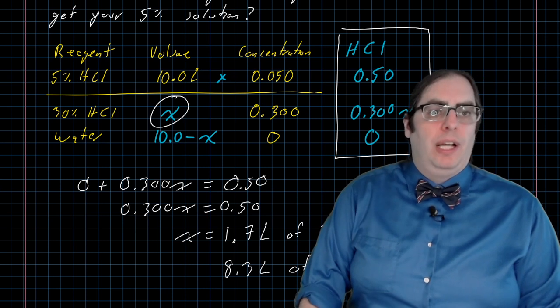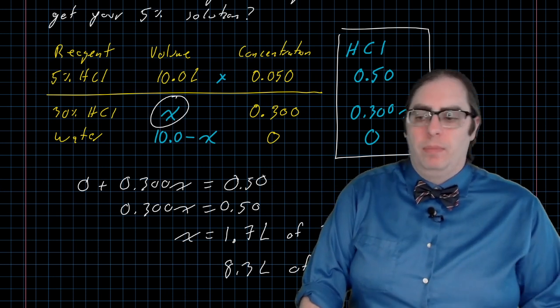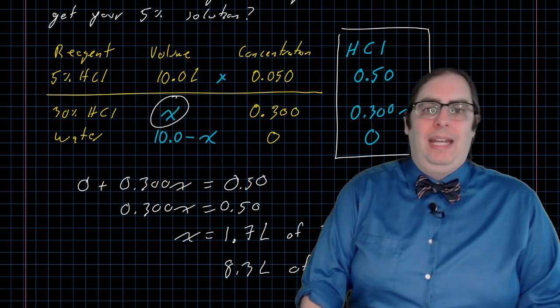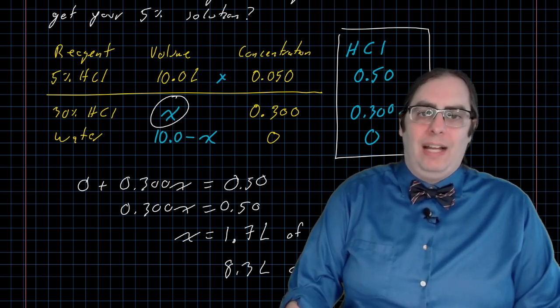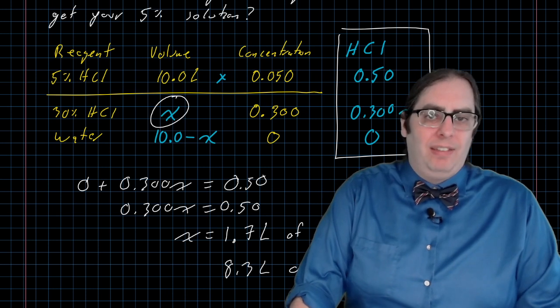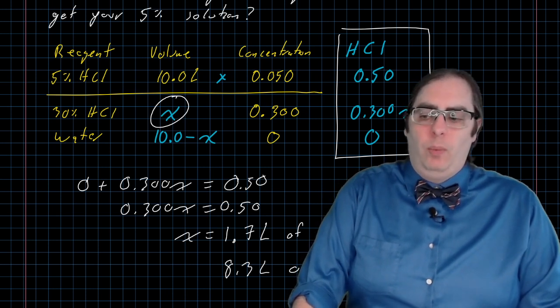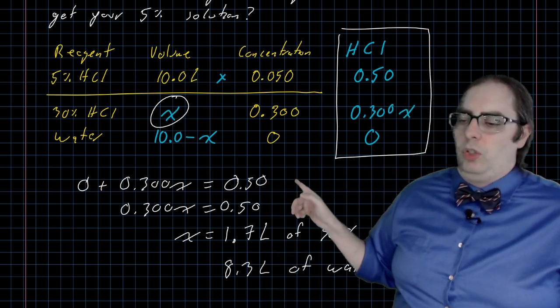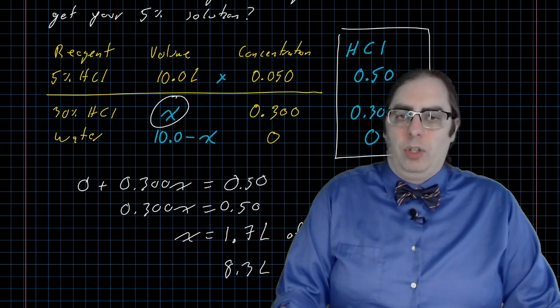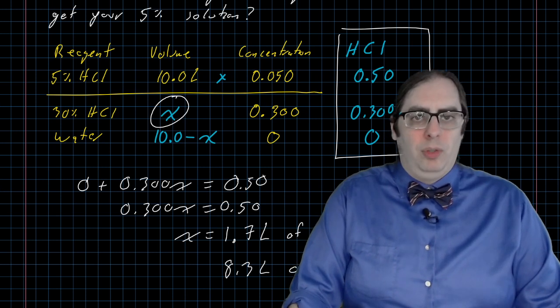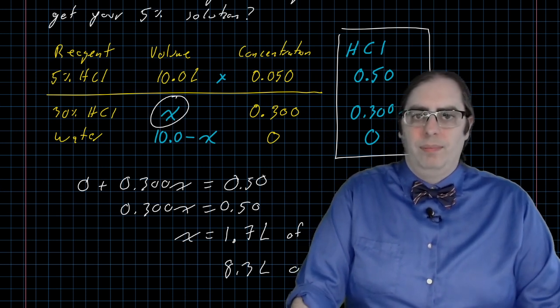And if you add those things together, add together what you're putting in, it gives you what comes out. So trying to break down a problem like this and set things up in a table is a great way of organizing yourself so that you can get a nice equation that you can work with. Once you have that, you can start solving the equation. It gives you what you need to answer the question.